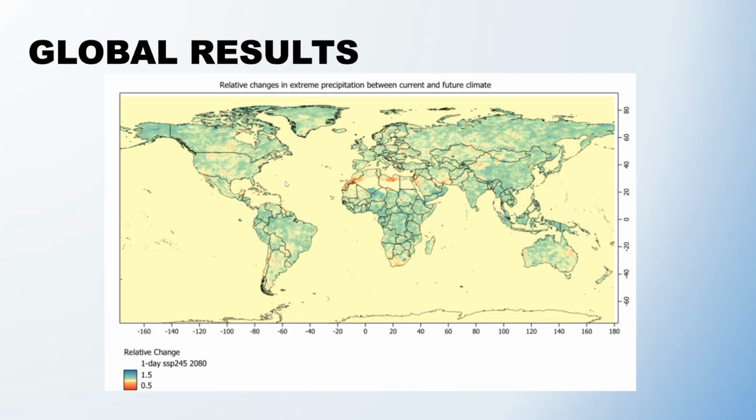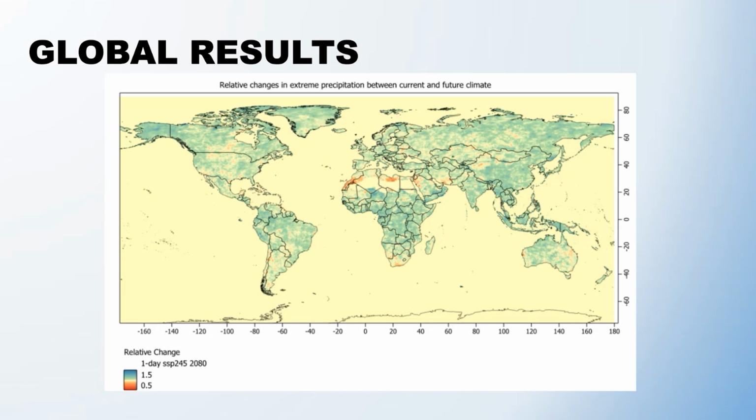So here, a blue value means that in the year 2080, you might get 30–40% more precipitation for a flash flood trigger than you would get now. A red value might mean you get 30–40% less precipitation during an extreme event. And you see those patterns differ quite significantly globally.